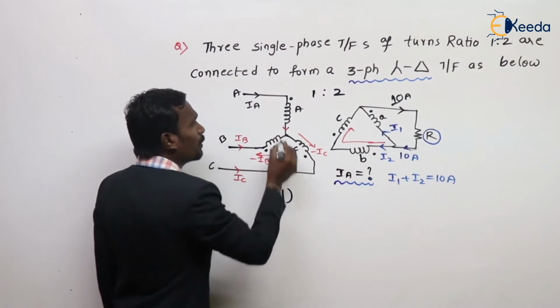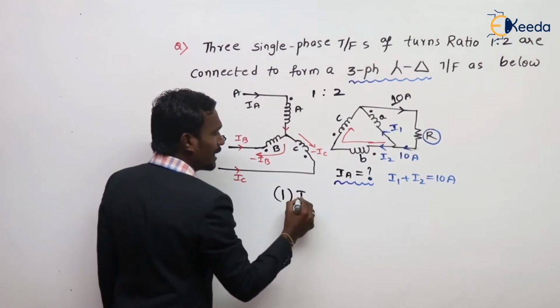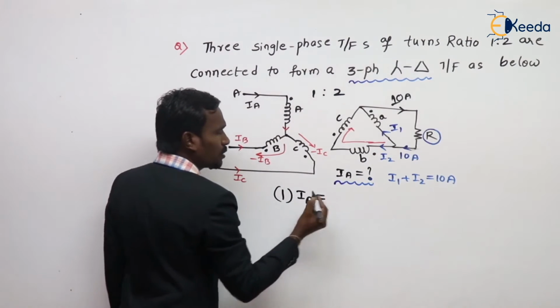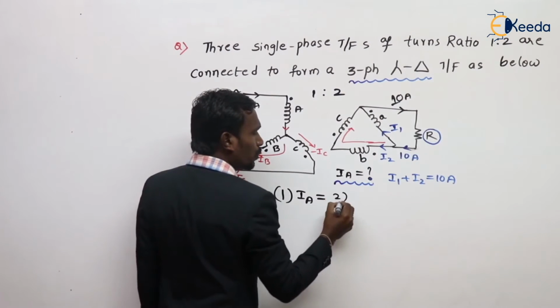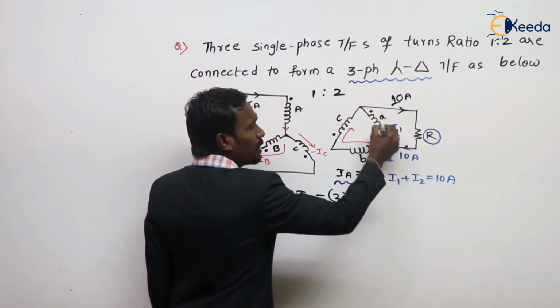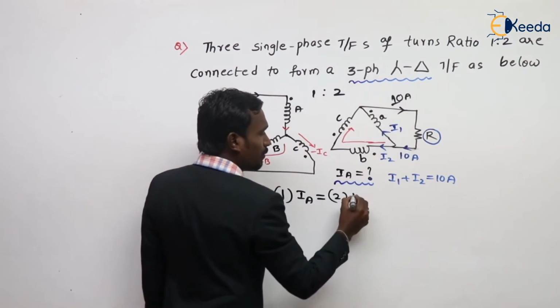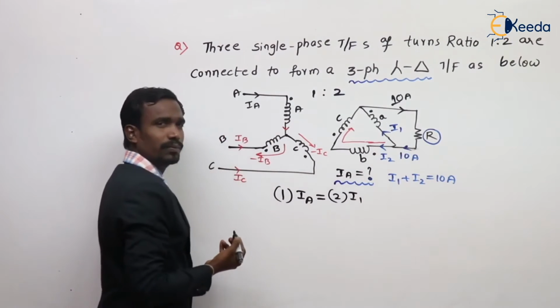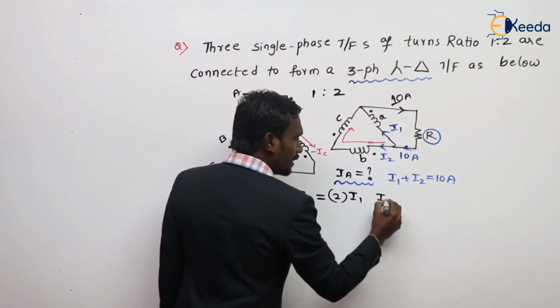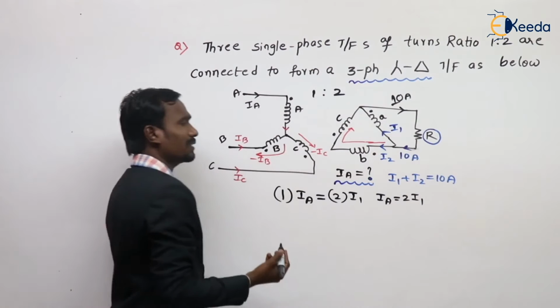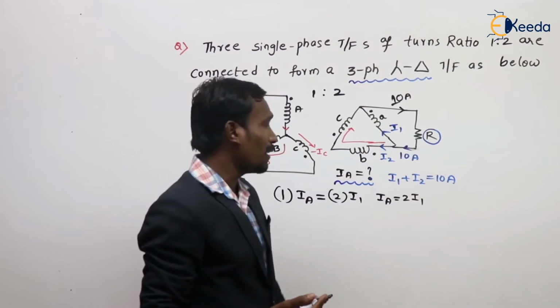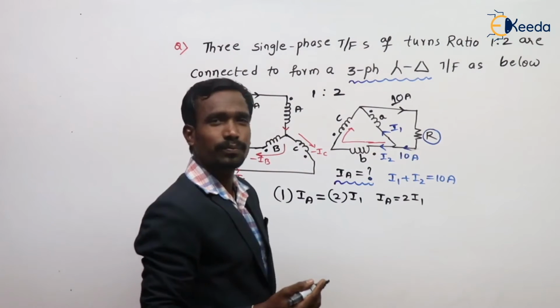N1 times IA is equal to N2 times I1. What is N2? 2. And what is I2? Here the A phase current is I1, we are assuming that I1. So finally here the current IA is equal to 2I1. Here the current IA is equal to 2I1. We have to calculate this IA.